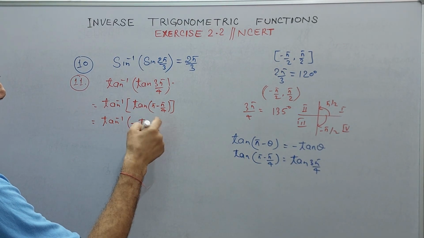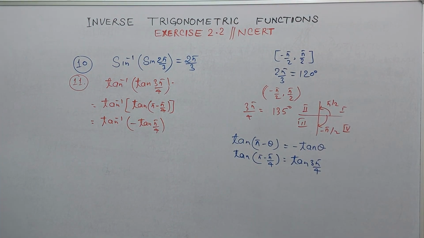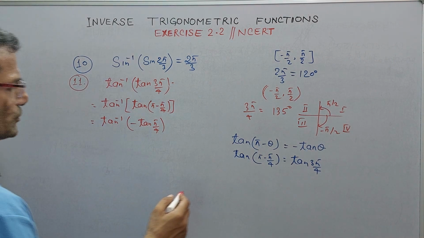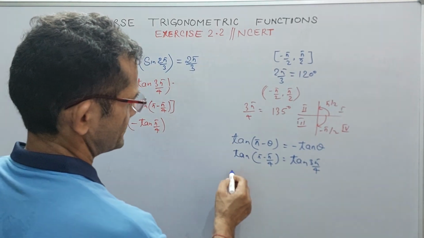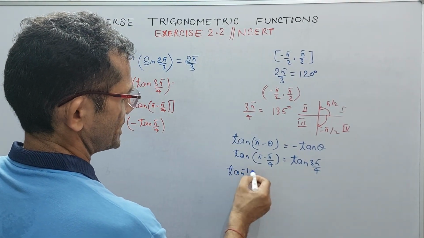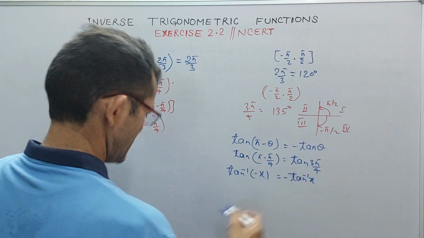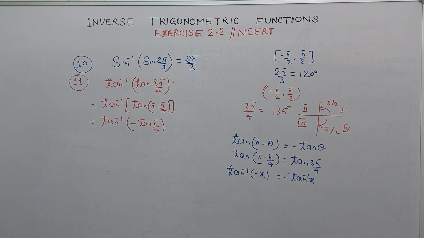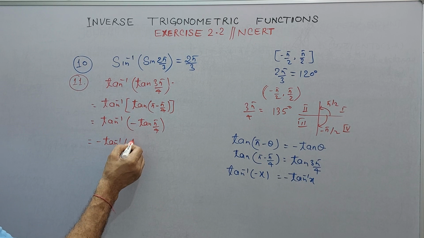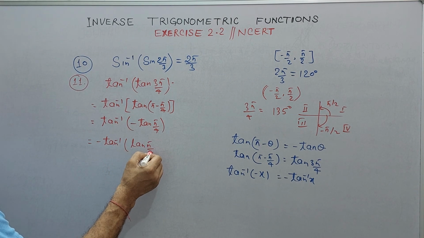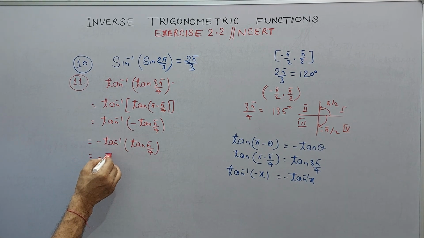Also we know the next formula: tan inverse of minus x is minus tan inverse x. Therefore, minus tan inverse of tan pi by 4, and tan inverse of tan pi by 4 will be minus pi by 4. This is our answer.